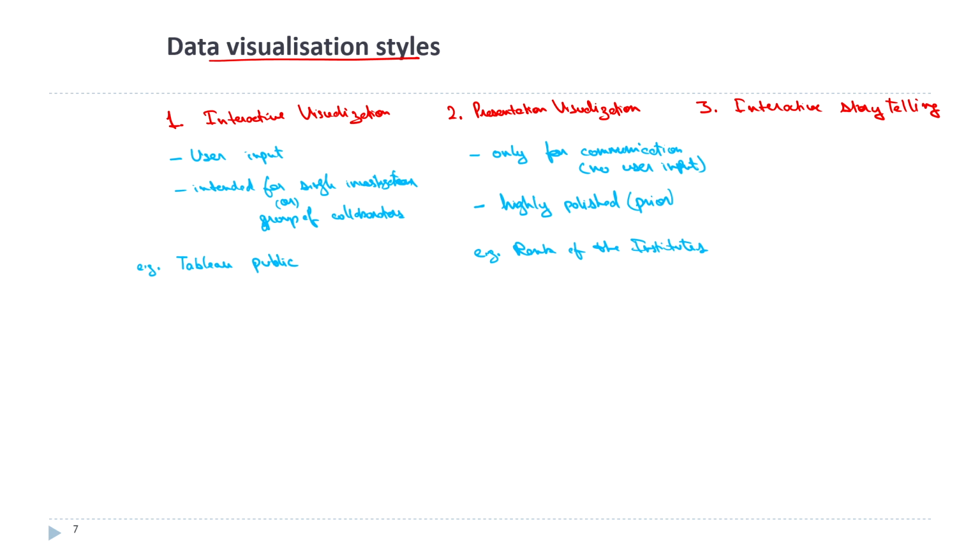Another kind of presentation or data visualization is storytelling. When we are trying to narrate something, we have interactive web pages. So, in this case the presentations are always there, but these are done through interactive web pages.